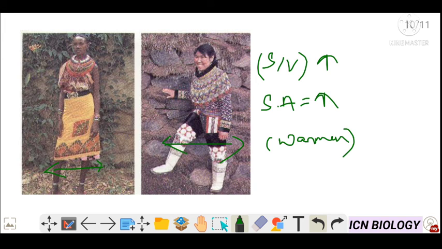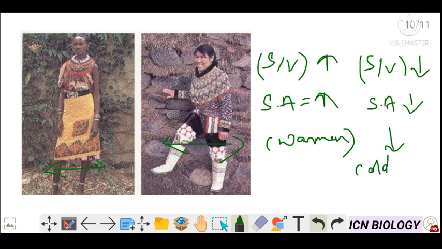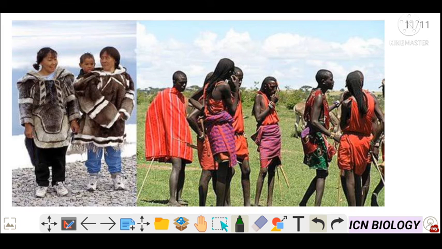Okay, here the female with larger body size has surface by volume ratio less. Due to less surface by volume ratio, their surface area is also less. Due to less surface area, they should be present in colder climatic condition. This is another example of Bergmann's rule.